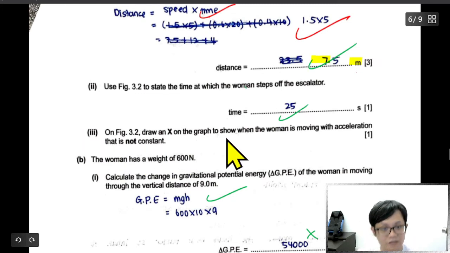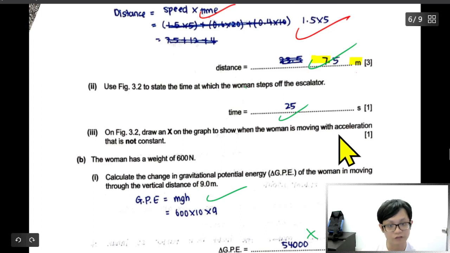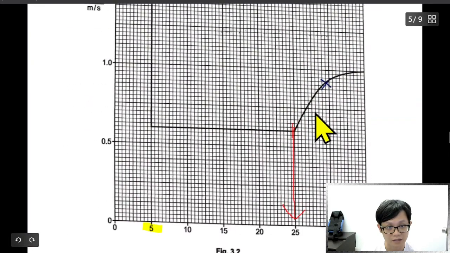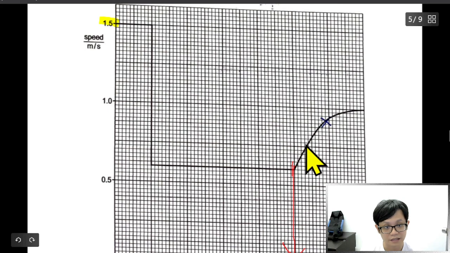Draw X on the graph to show where the woman is moving with acceleration that is not constant. That is not constant, so the X will be here. Yes, okay, because the speed is increasing but not in a straight line. So when it's going up, we know there's acceleration, but it's not a constant acceleration, because there's a curve.